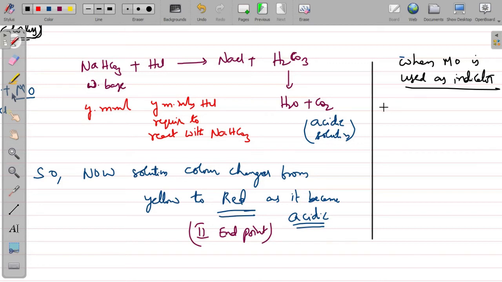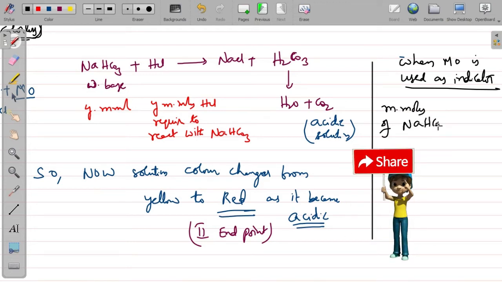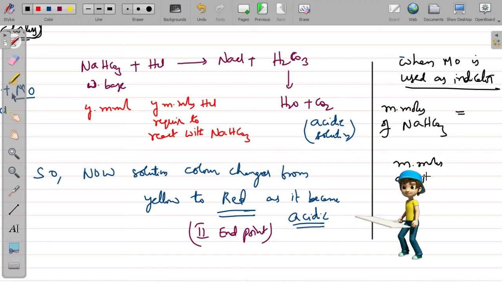The millimoles of sodium bicarbonate, because that is what is reacting in the second process, must be equal to the millimoles of HCl added from the burette in the second titration.